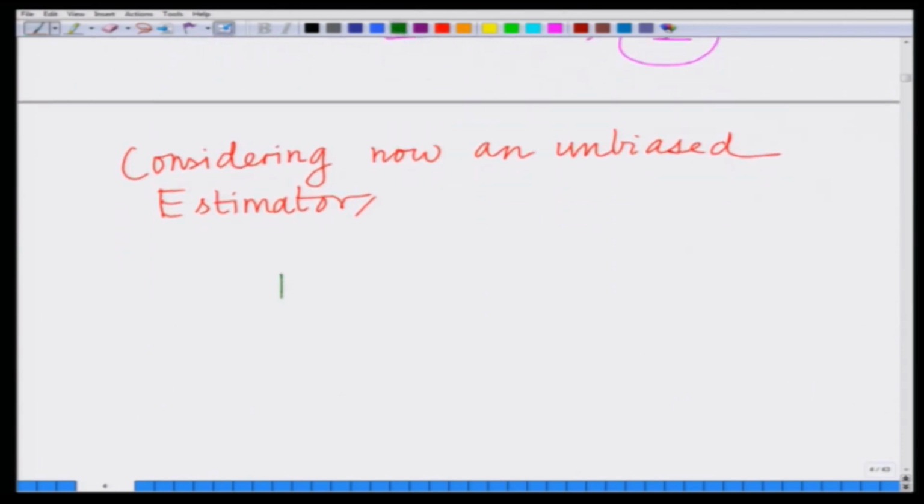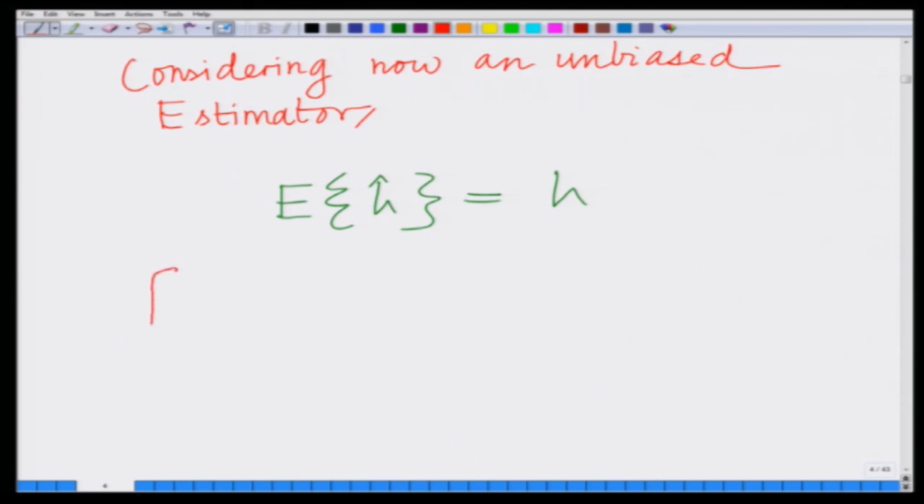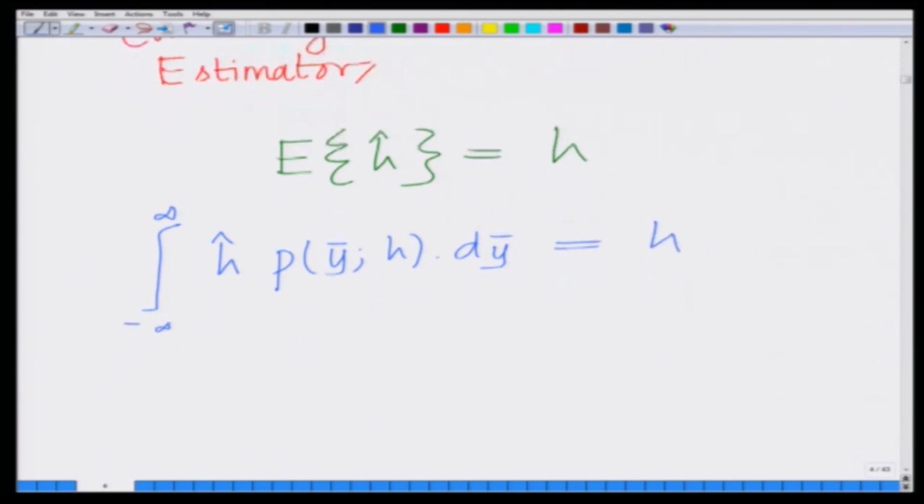what I have is that the expected value of h hat, that is the average value of the estimate, is always equal to the true value of the underlying unknown parameter h, which means, writing this in mathematical terms, the expected value is nothing but the integral of the quantity h hat times the probability density function times dy bar, which we are saying is equal to h. What is this?